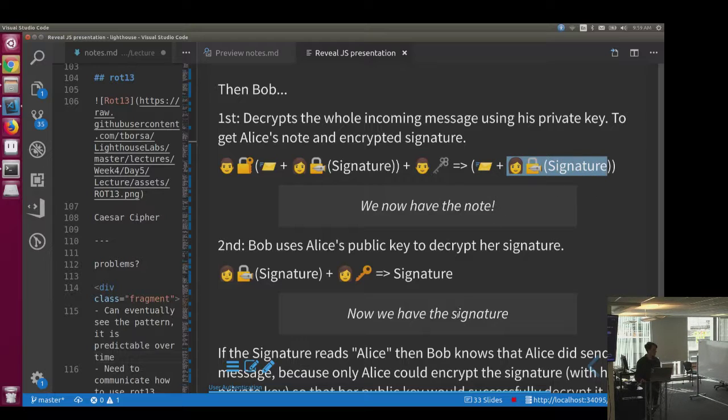I know Alice creates this signature with her private key. So if I try and decrypt it with her public key, which I have, is widely available, then I should get something that makes sense. So we take her signature, decrypt it with her public key, and then if it's something that makes sense, we know it was Alice who sent it.